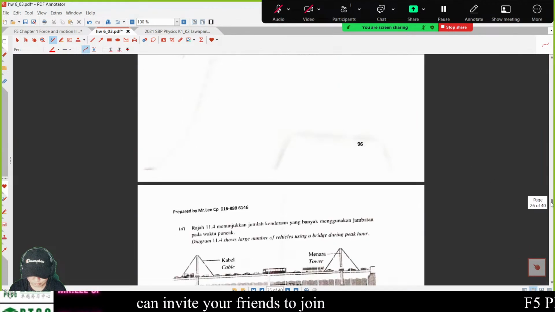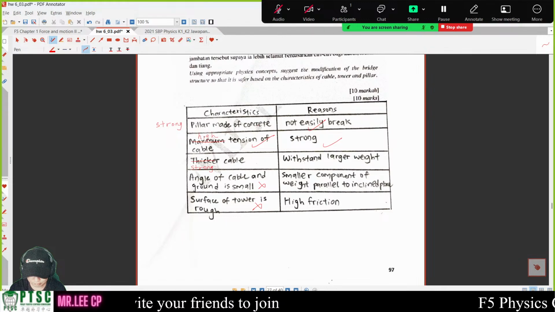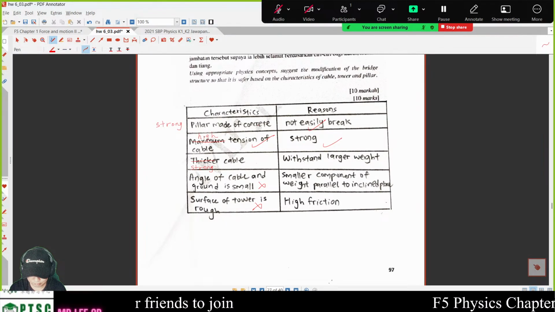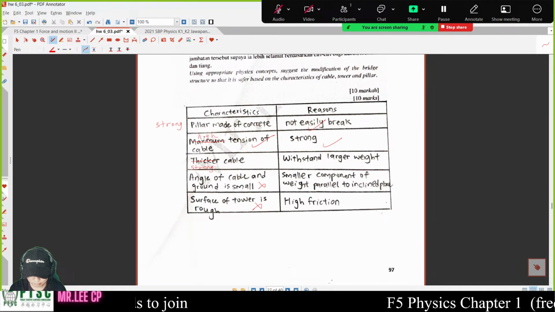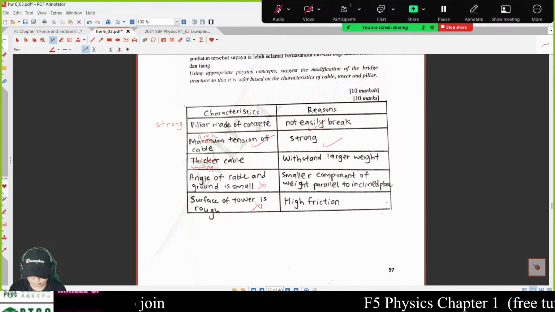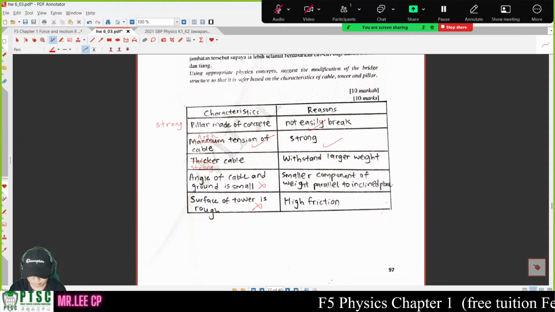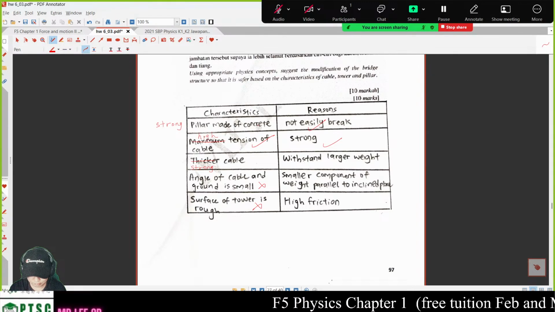For this kind of question, you might say pillar made from concrete, or maybe you have another better one. So you better don't use concrete. Don't be specific. If they need steel, or iron, inside, how?